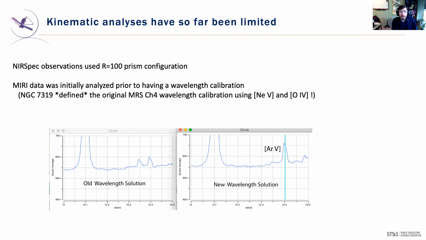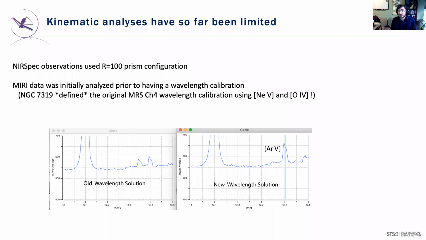And so for a period of time, these observations of NGC 7319 actually defined the MRS wavelength solution for the long wavelengths. Because if you look out around 20 microns or so, it's oftentimes quite hard to find much in the way of emission lines out there that you can calibrate on. Except when you're looking at something like a bright AGN, where there are well-known features like neon 5 and oxygen 4.